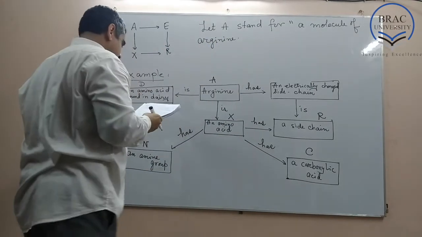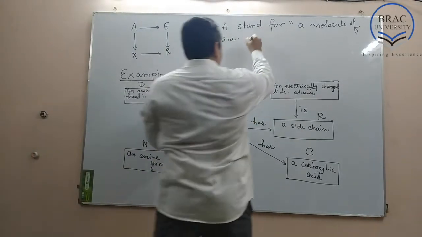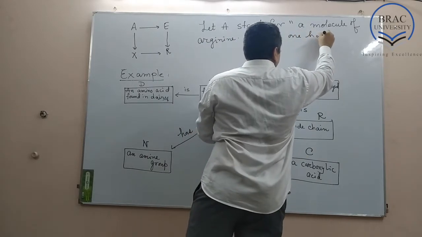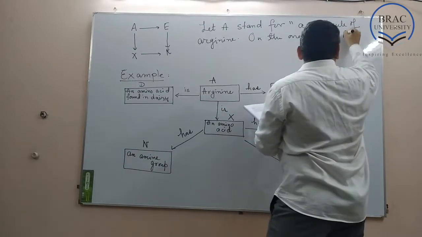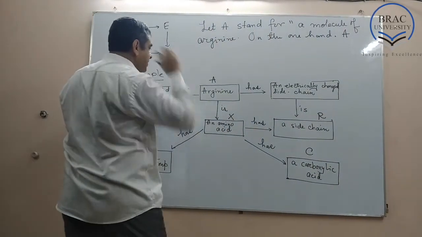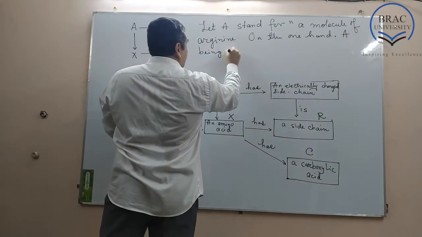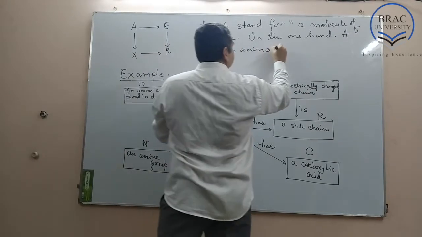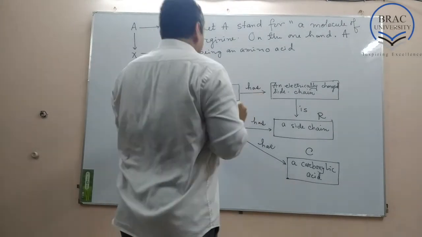Okay. So on one hand, observe that A is an amino acid, arginine is an amino acid. A being an amino acid, has a side chain.